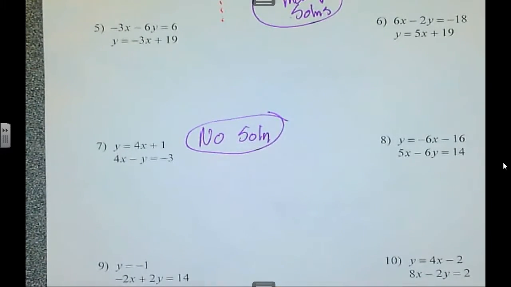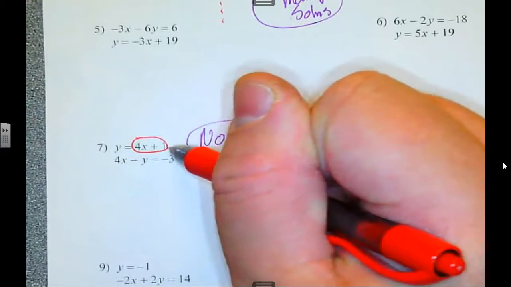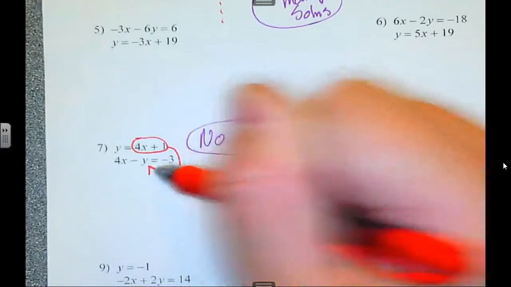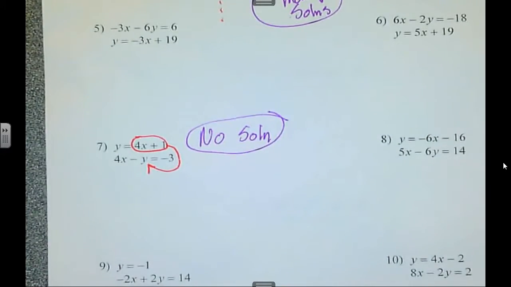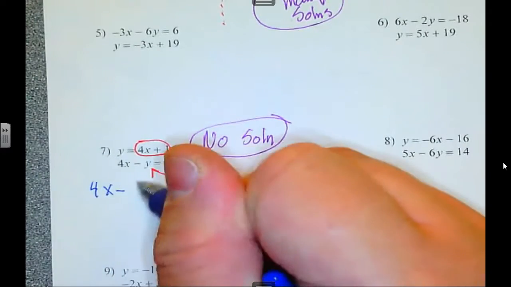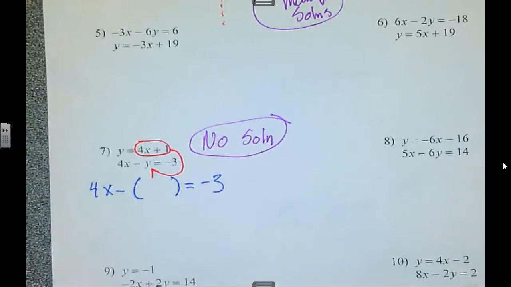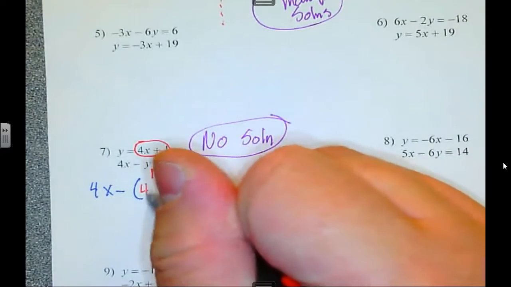Algebraically, well, let's do it. That's what y equals. I'm going to substitute it into the other equation. So I have 4x minus y equals negative 3. My y is 4x plus 1.